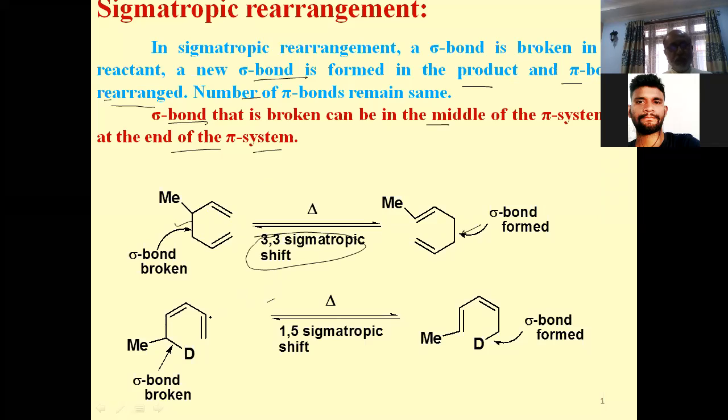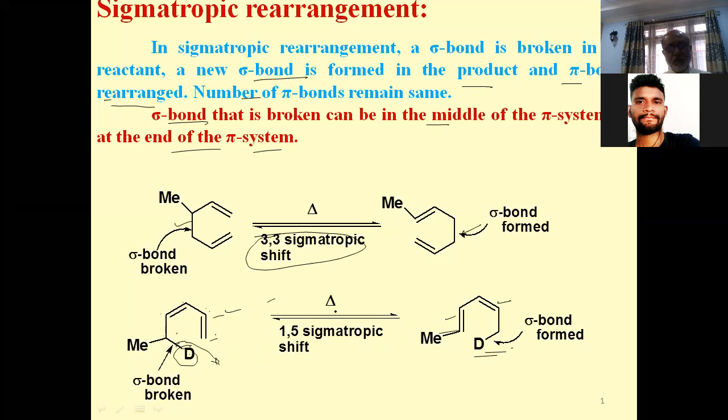In this case, this hydrogen, deuterium, which is here, migrates to this position. It is 1, 2, 3, 4, 5, 6: 6 atoms involved. In the product, we have this 2 pi system, but this bond is broken and this new bond is formed.